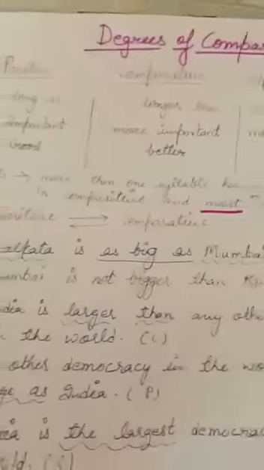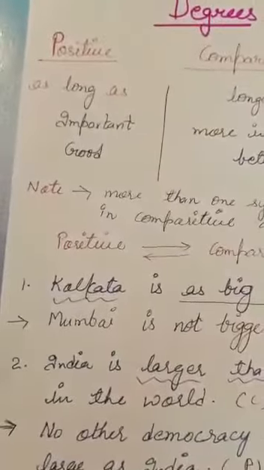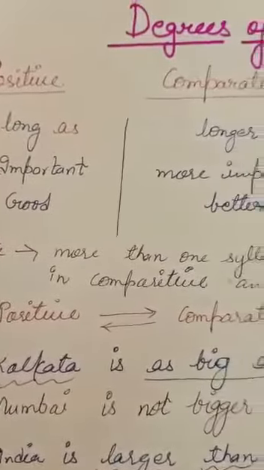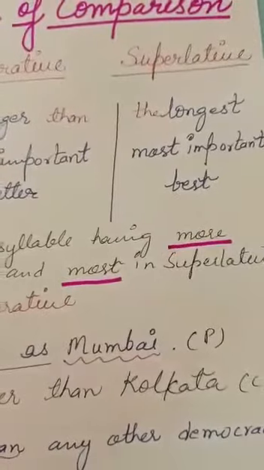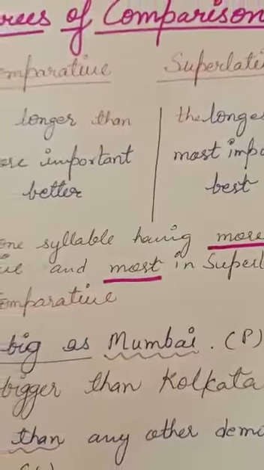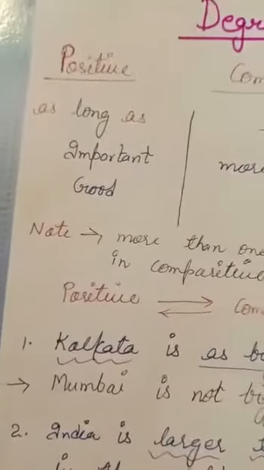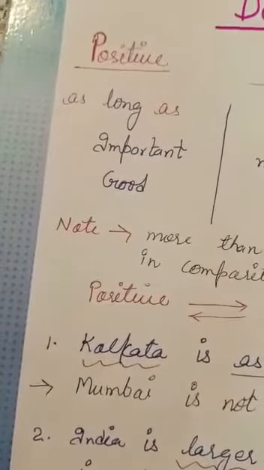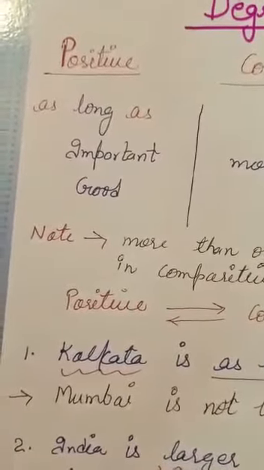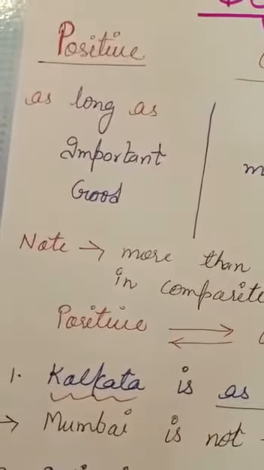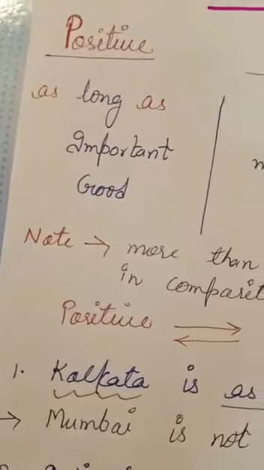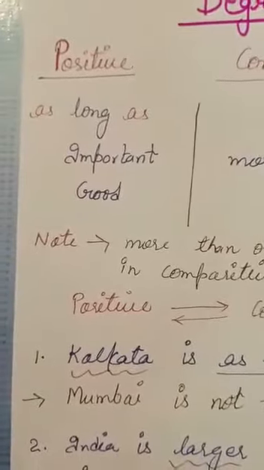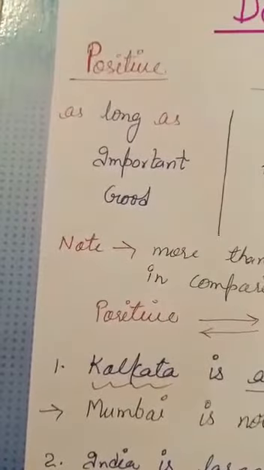Now you can see first is positive degree. Second is comparative degree. And third is superlative degree. So now what is positive degree? When we use an adjective or adverb to describe just one object or person or idea, we call it positive degree.